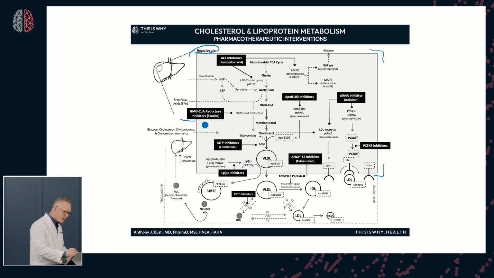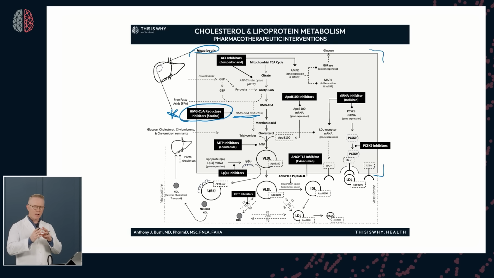So the statins predominantly work right here, okay? So this is where HMG-CoA reductase is. And that's where the rate-limiting step for cholesterol biosynthesis occurs inside of the hepatocyte. And this is where cholesterol is in the center of it, okay? Now, if you think about bempedoic acid, which is an ACL inhibitor, that's upstream, okay?